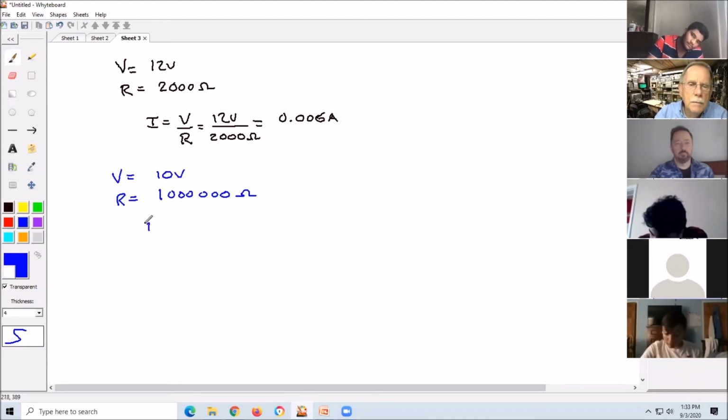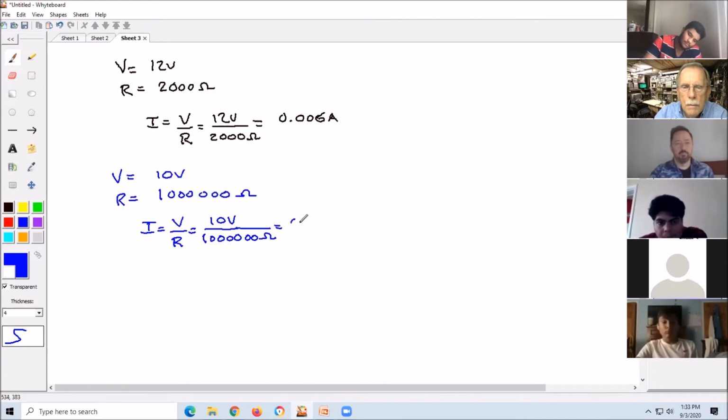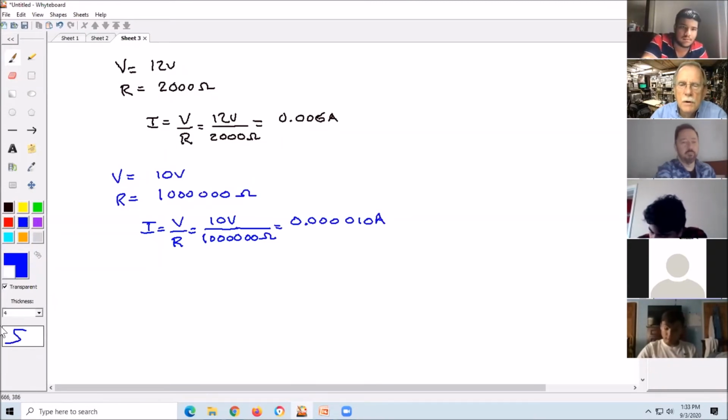Now I is equal to V over R, so we've got 10 volts divided by 1,000,000 ohms, which is 0.00001 amperes. I think that's right.